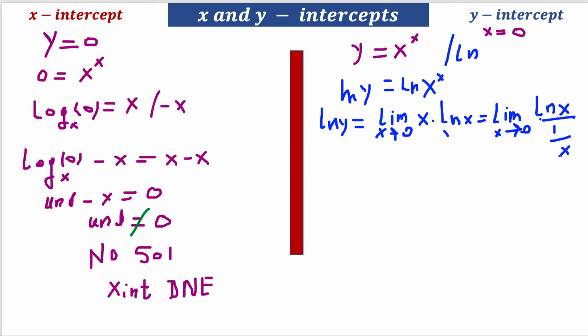Now if I'm plugging in 0 here, ln 0 is undefined and 1 over 0 is undefined, so we have undefined over undefined. So we are using here the L'Hopital rules.